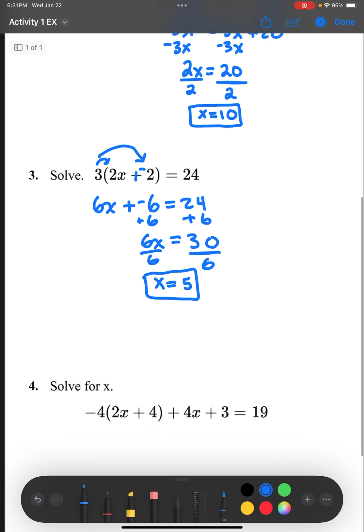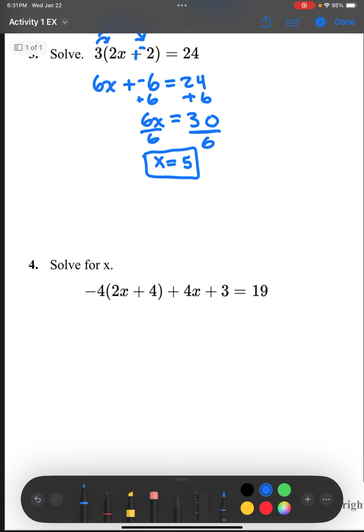Alright, number 4. Again, this is the one where you want to get everything out of your parentheses. So this is being multiplied. So negative 4 times 2x is negative 8x, right? Plus negative 4 times 4, which is negative 16, plus 4x plus 3 equals 19.